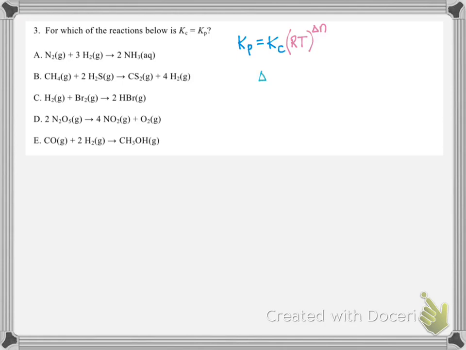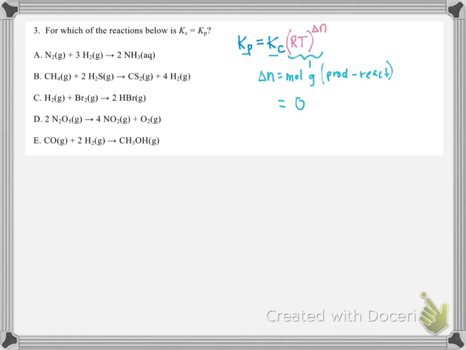Delta n is going to be the moles of gas from the products minus reactants. For these two numbers to be equal, we need this entire term to be equal to 1. If delta n is equal to 0, we can guarantee that that would be the case.